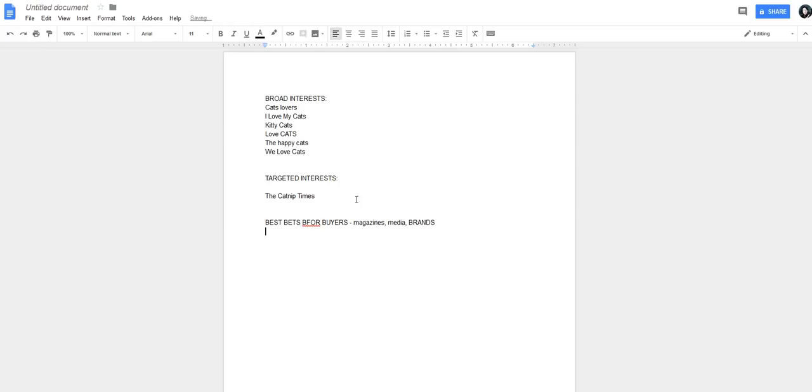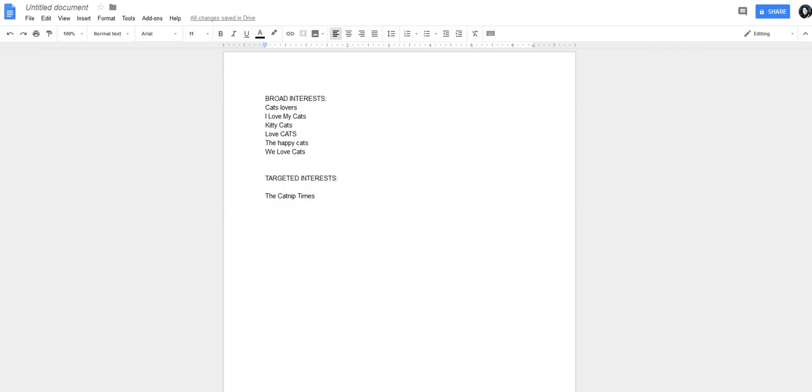Then the medium keywords would be communities, that kind of thing. Doesn't mean that people buy, they just engage. And the lowest would be celebrities, and people, those kinds of things. So I would go for these. This is what we're focusing on.